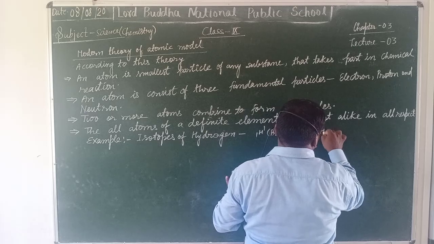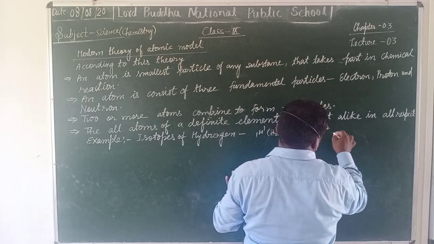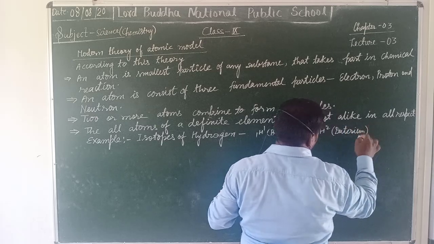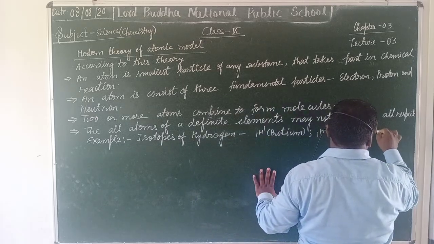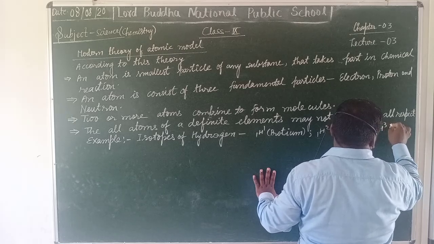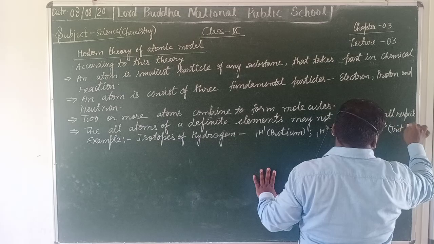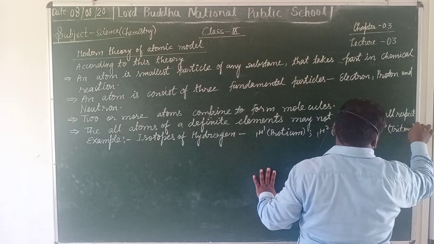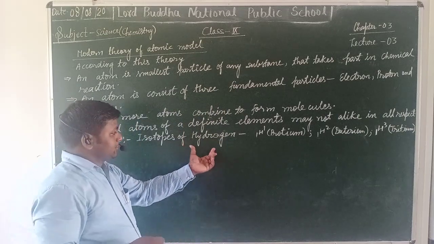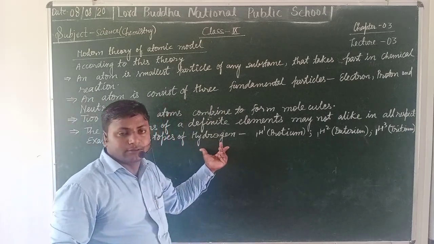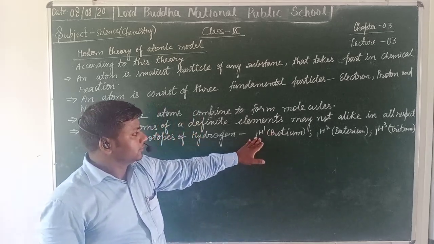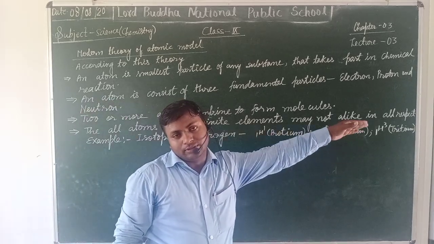Deuterium is 1H2, and tritium is 1H3. Thus, students, this is a specific element, hydrogen, but here there are isotopes containing different numbers of electron, proton and neutron.